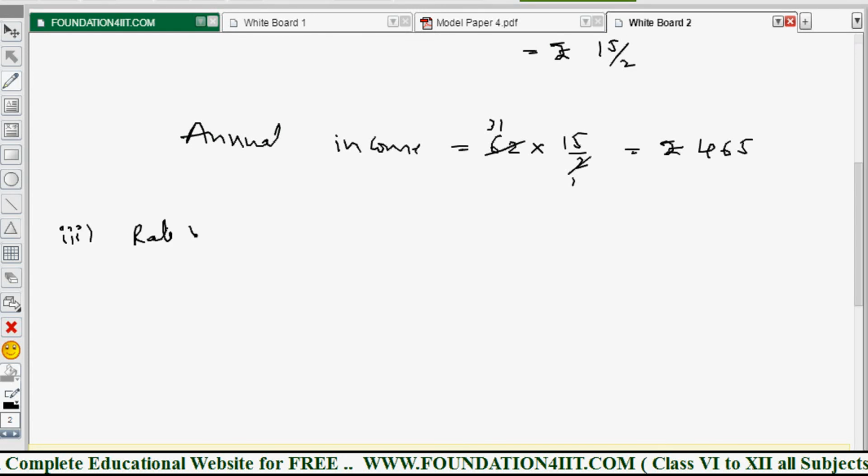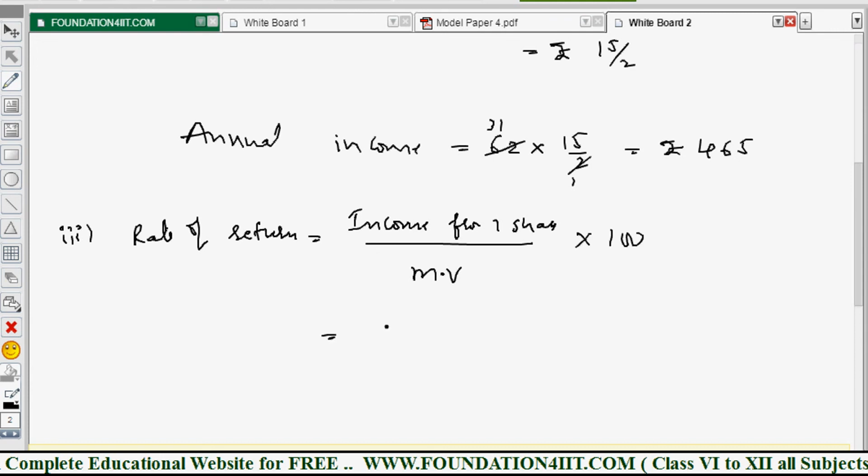Rate of return is income from one share by investment of one share, that is the market value, into 100. Then income from one share is 15 by 2, by market value 132, into 100.